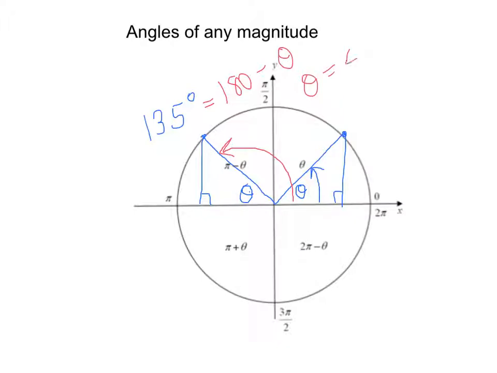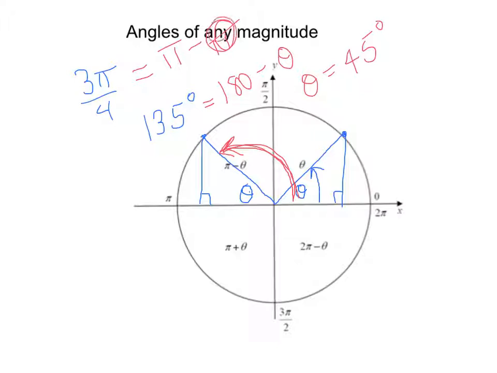Okay, so that's how we work it out in degrees. And you can also work it out in radians. Just say you've got 135 degrees, well, that's going to be 135 on 1 times pi on 180 radians, which is 3 pi on 4. So we'll say 3 pi on 4 radians. Now, 3 pi on 4 again is that angle there. And that's going to equal pi radians, which is the angle all the way around, minus theta.